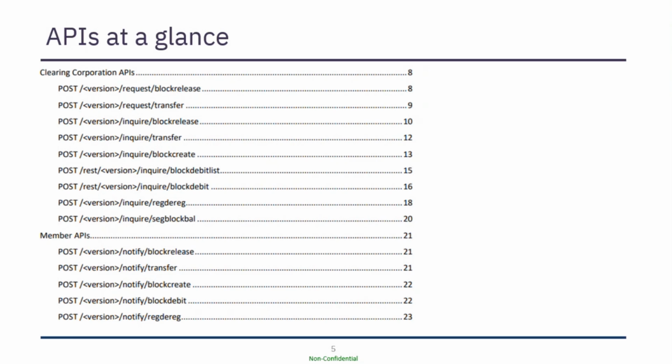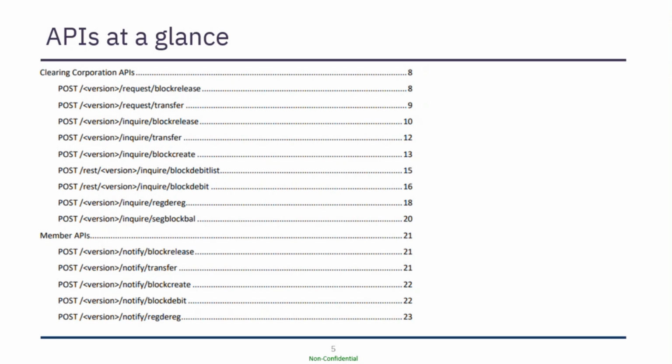The member is expected to host 5 APIs, which include block create, block release, block debit, registration, deregistration, and transfer. If we go by the journey, whenever a customer is registered, we will call the reg dereg API, the last API that you see on the screen, to notify that a registration has happened.